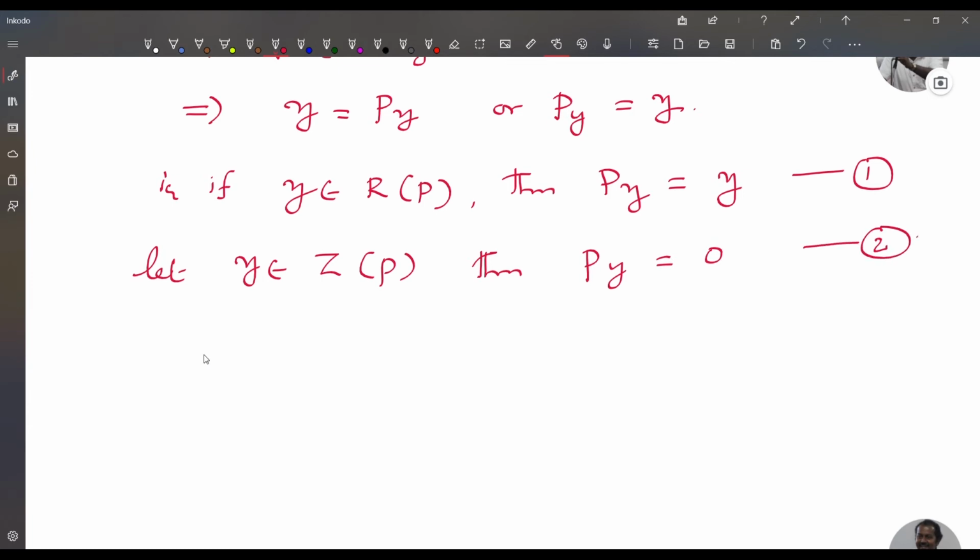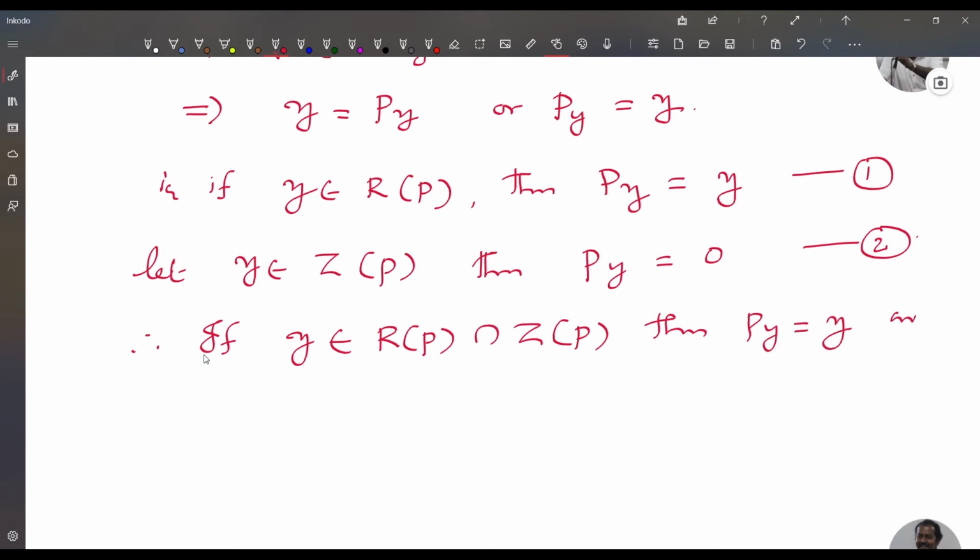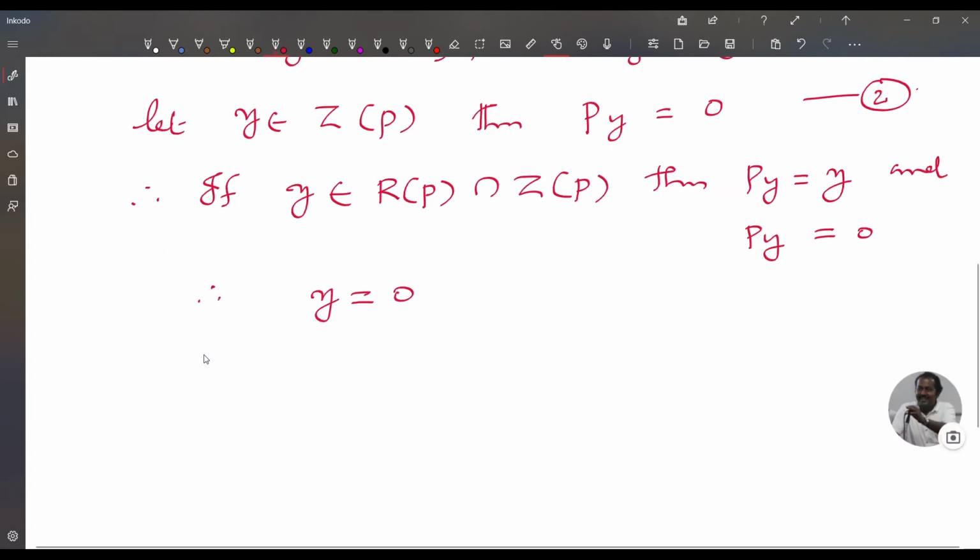Now, therefore, if y belongs to the range space of P intersection the 0 space of P, then from 1 Py equal to y, and from 2 Py equal to 0. Therefore, y equal to 0. Therefore, the range space of P intersection the 0 space of P is the singleton 0 always.